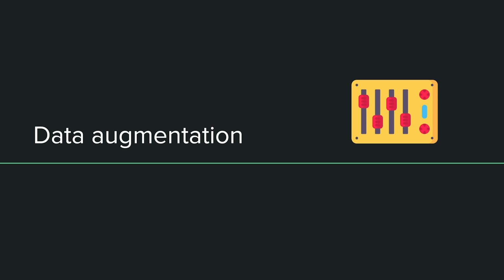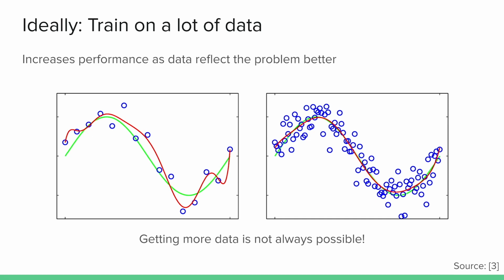Coming from making data look more similar, we can also now try to make data look more different. The idea is that ideally we want to train on as much data as we possibly can, with a large set of variations that capture the underlying distribution fully, and as we add more data to our training set, we usually increase our performance because the data now reflects our problem much better.